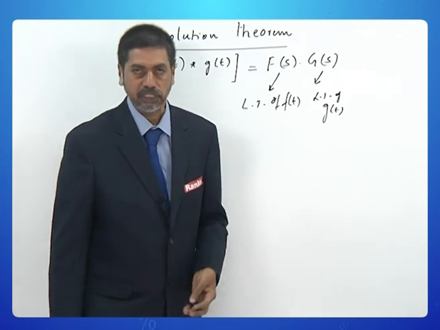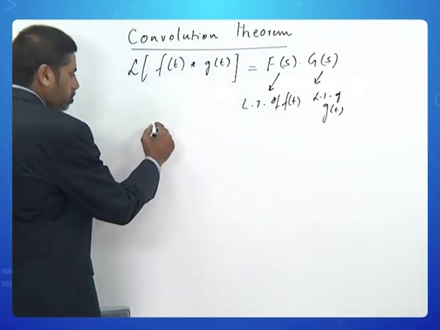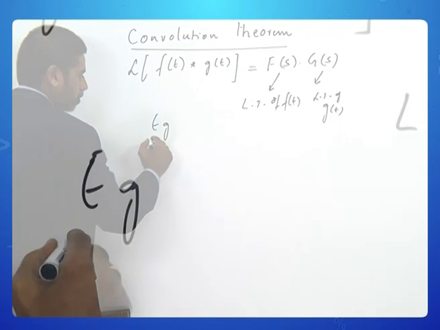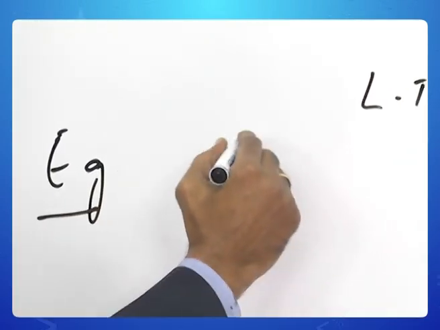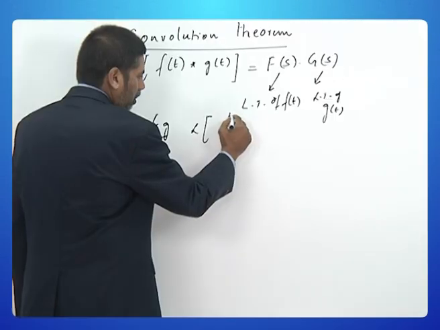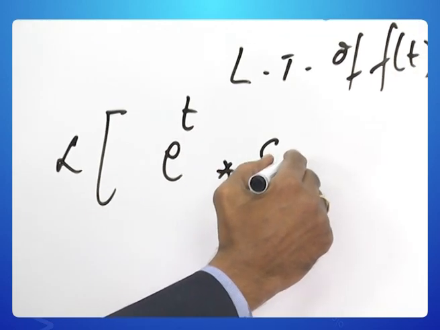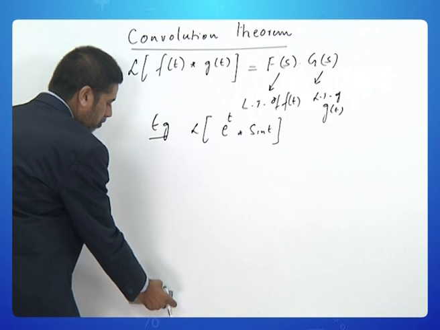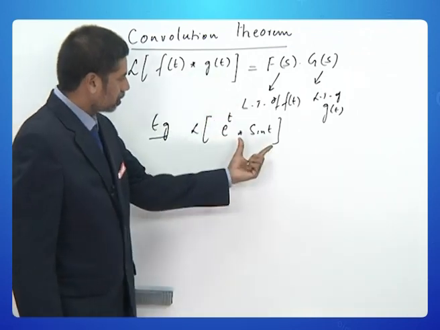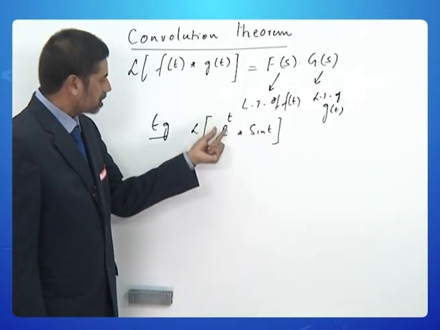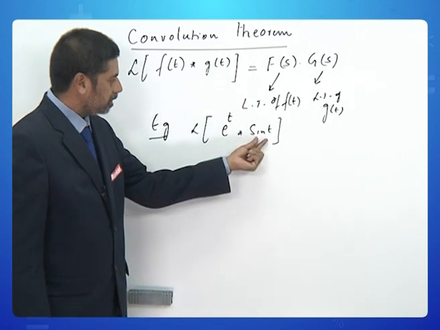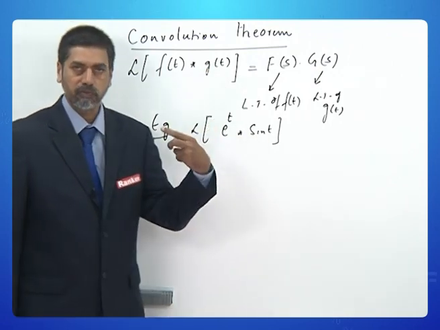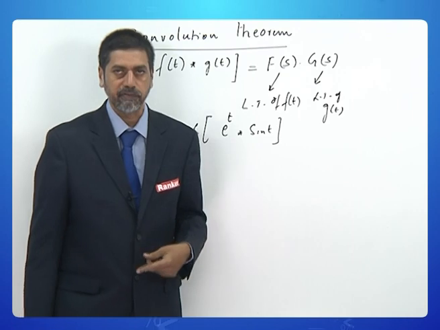Let us take a simple case. Suppose we would like to compute e power t star sin t. So we can define f of t as e power t, g of t as sin t, or vice versa, because we know the convolution operation is commutative.